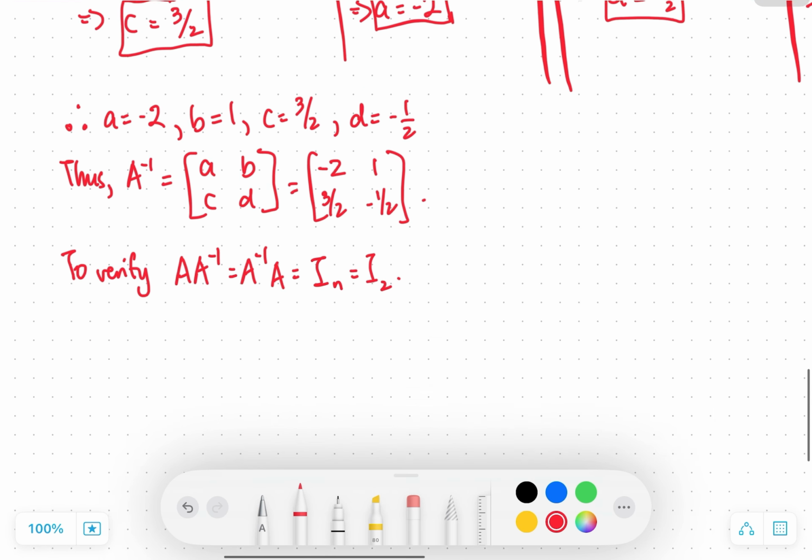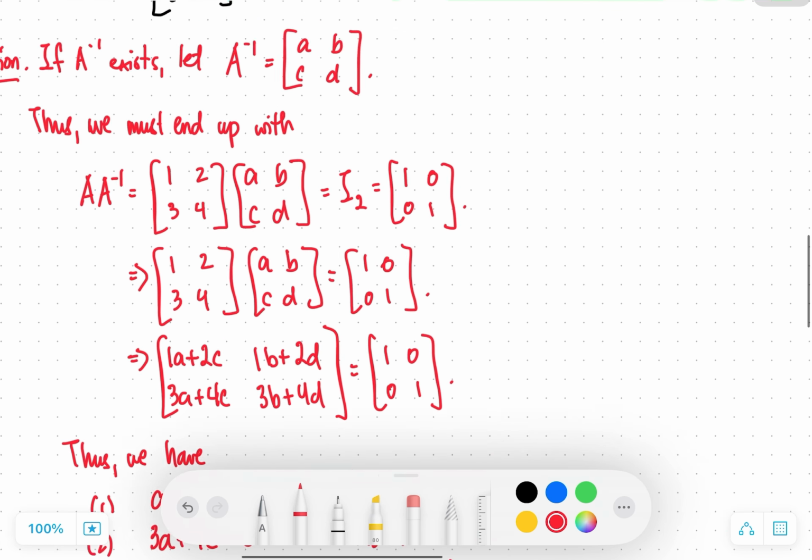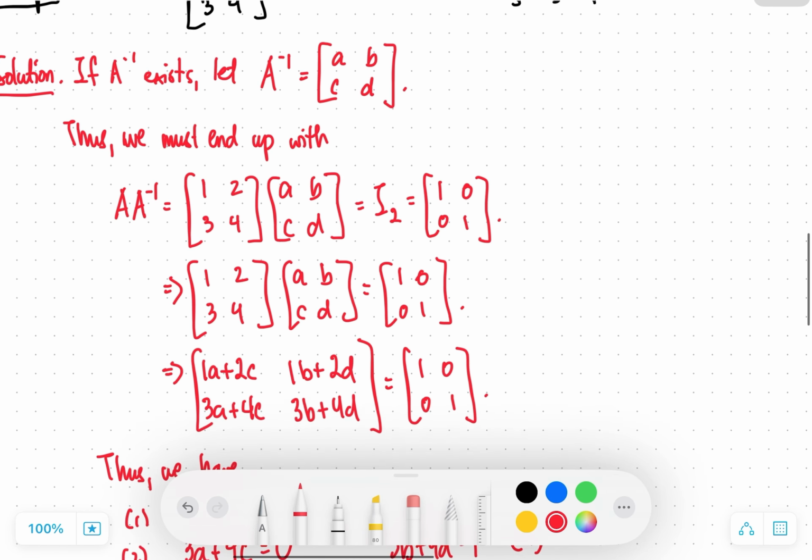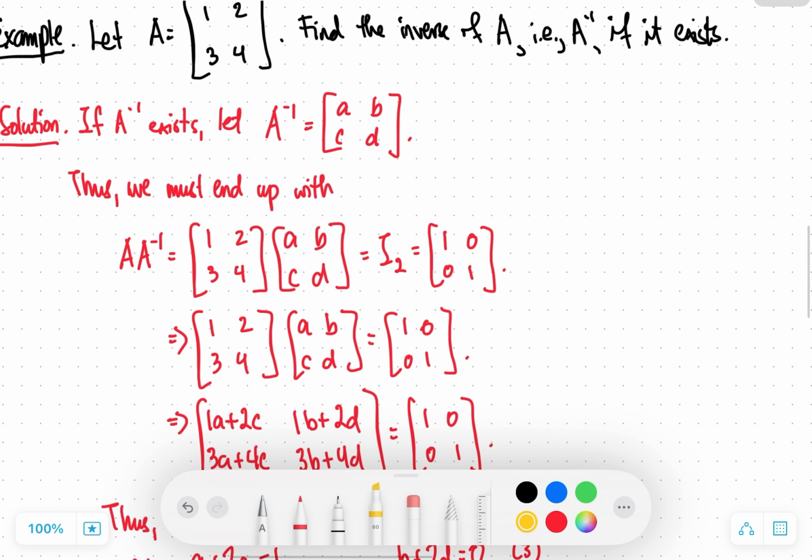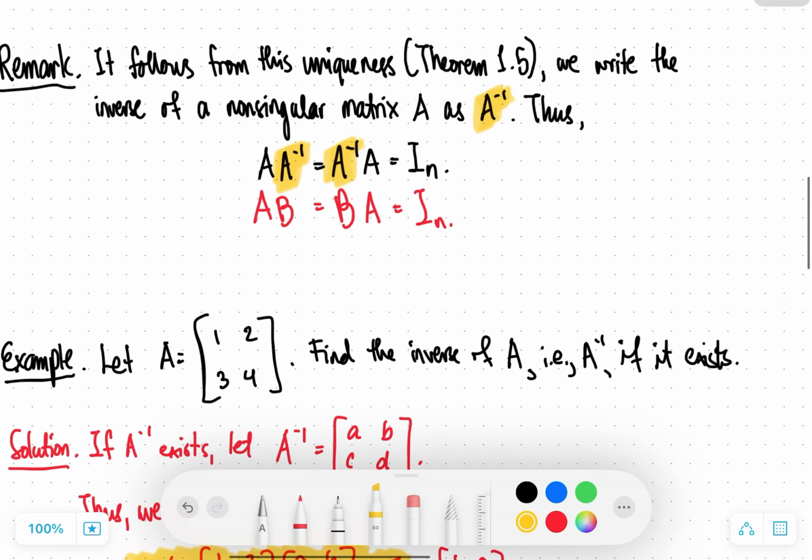We got the values of a, b, c, d from this equation by definition.